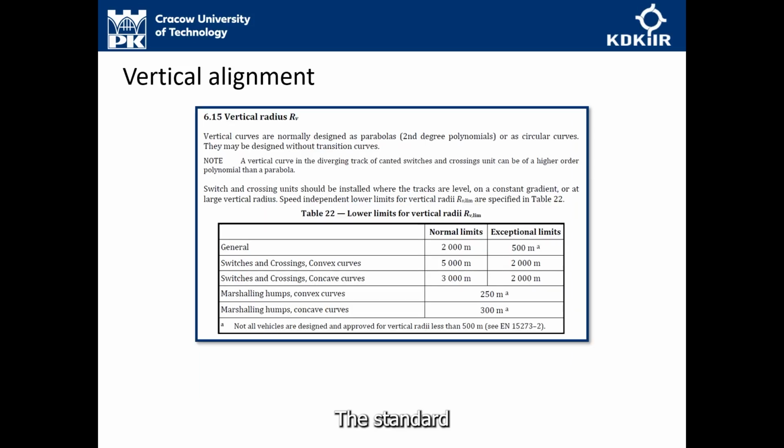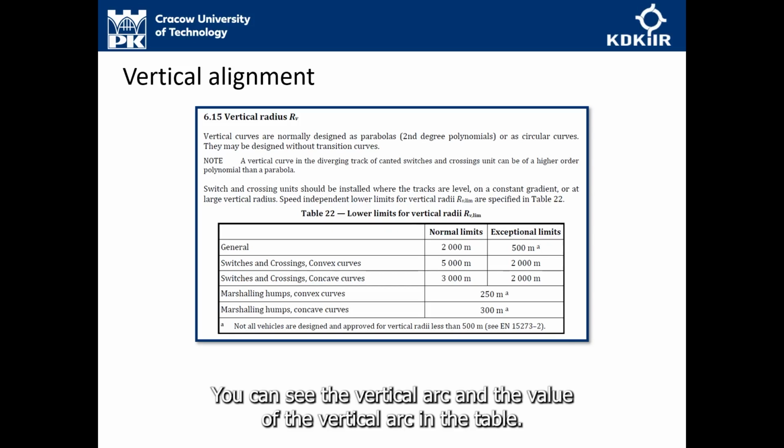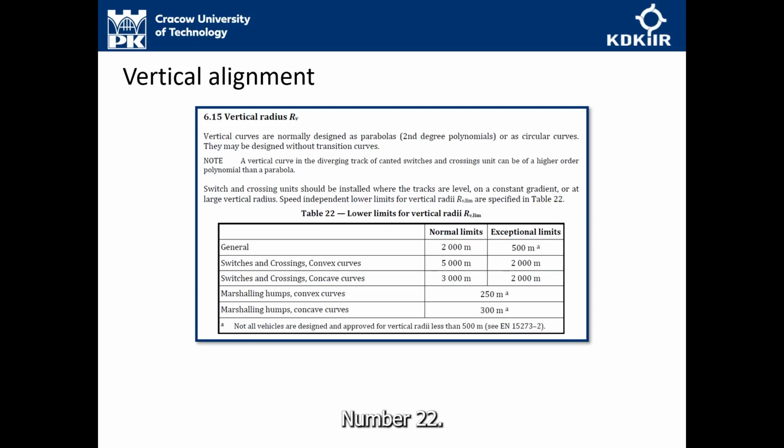The standard EN 13803 defines provisions on vertical curves. For these curves, you should choose the appropriate radius of the vertical arc. You can see the vertical arc radii values in table number 22.